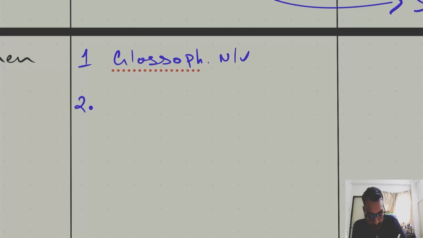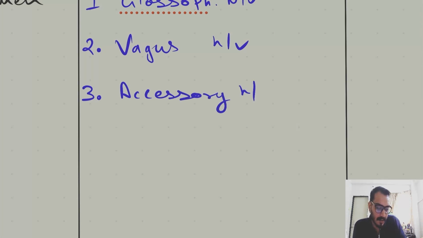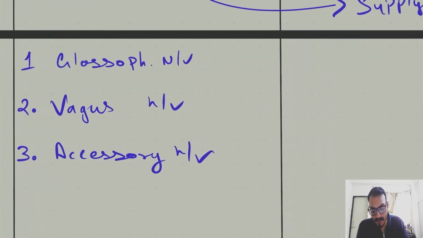The first one is the glossopharyngeal nerve, the second one is the vagus nerve, and the third one is the accessory nerve.